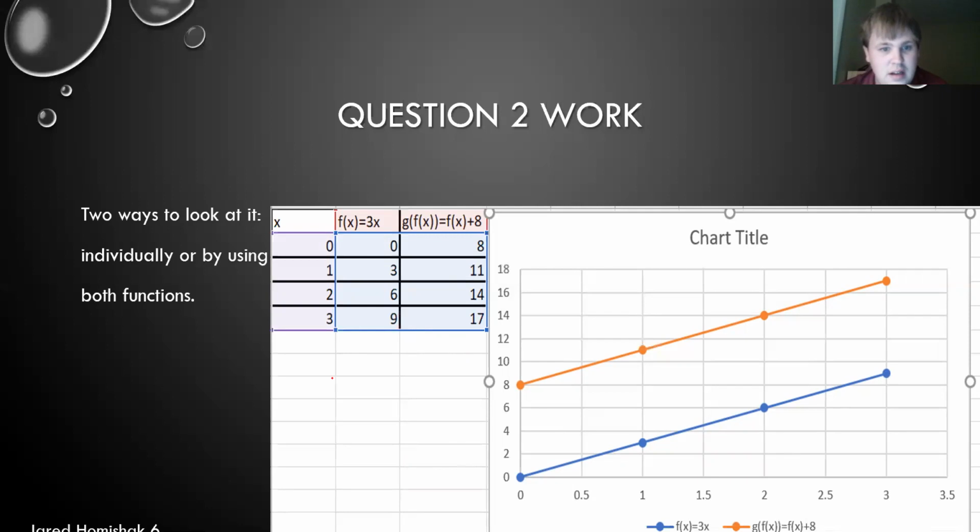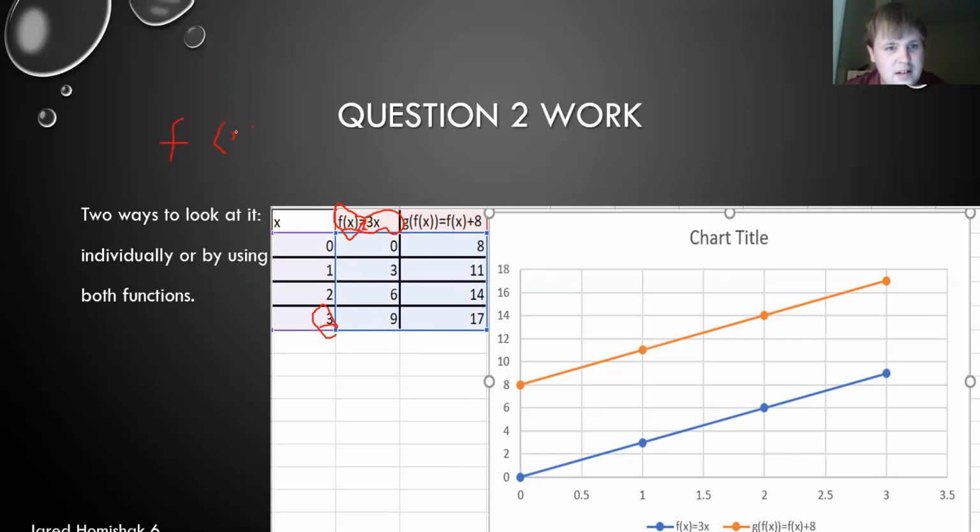So if we have g of f of x, what I would do is start here with f of x and just focus on solving that first. So f of x is equal to f of 3. So f of 3, that's 3x, 3 times 3 is 9, and then you get f of x equals 9.